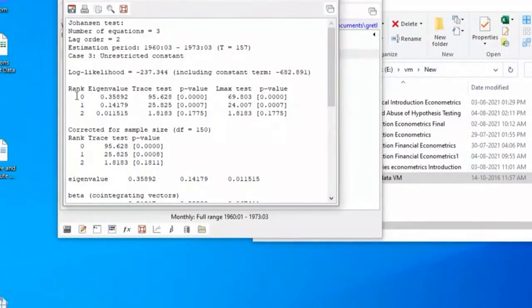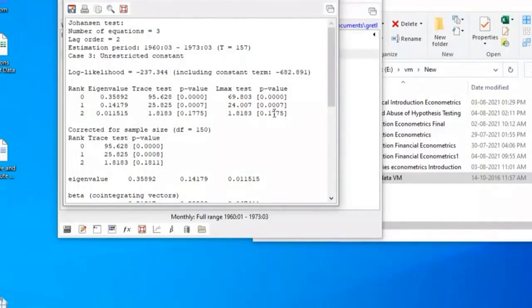Rank refers to the co-integrating vector. 0 means there is no co-integration. 1 means there is one co-integrating equation. 2 means there are two co-integrating equations. We need not be bothered about the eigenvalue and other things. Only the p-value of the trace and maximum eigenvalue test.